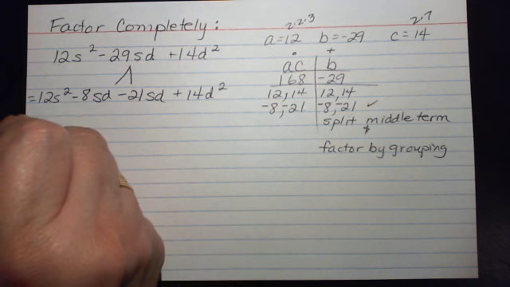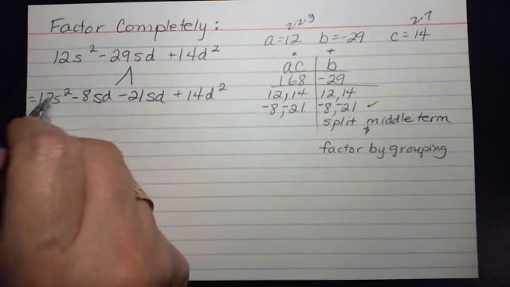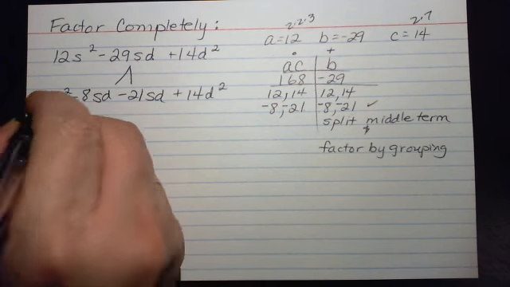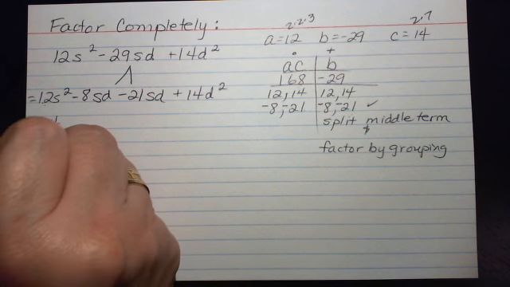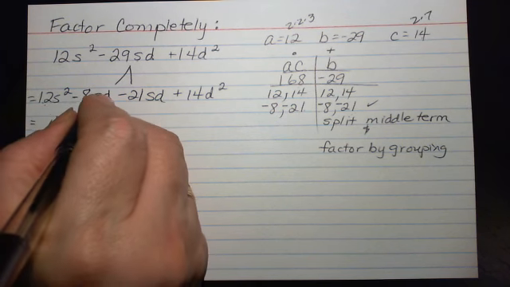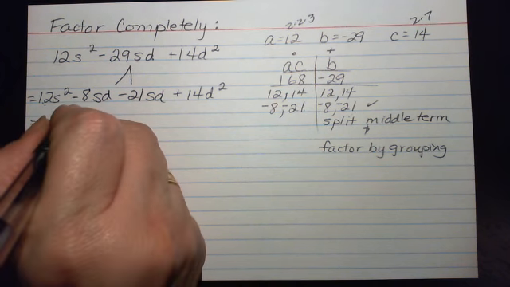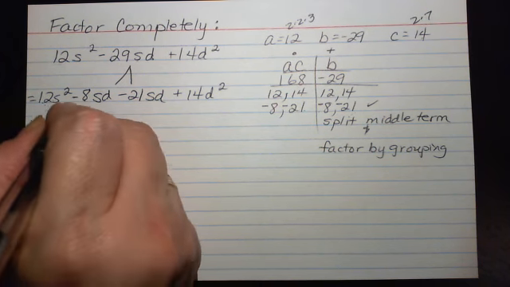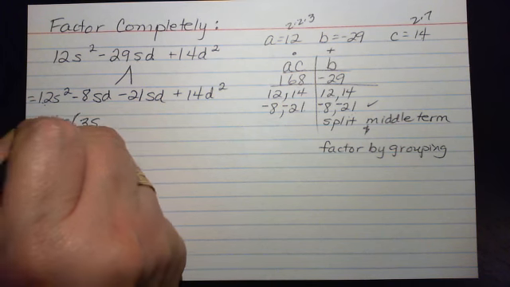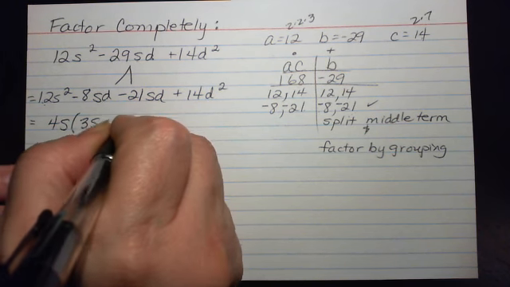Looking at group 1, we see that 12 and 8 share a common factor of 4. s squared and sd, the variable parts, have a common factor of s. When we factor that out, we have 3s minus 2d.